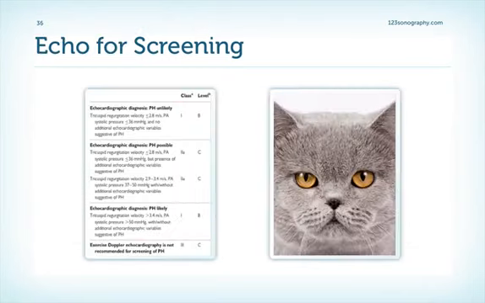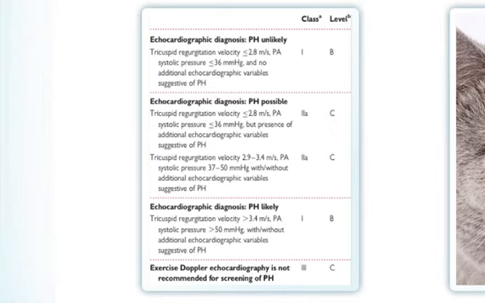And if we look at the recommendations of the European Society of Cardiology, we will find that echo plays a central role in the diagnosis of pulmonary hypertension, and a class of recommendations 1 and 2A. And if you have a closer look at that table, you'll find different echo-derived measurements helping you in the diagnosis of pulmonary hypertension, making pulmonary hypertension unlikely, possible, or likely.